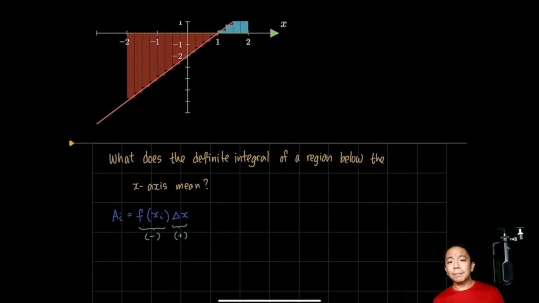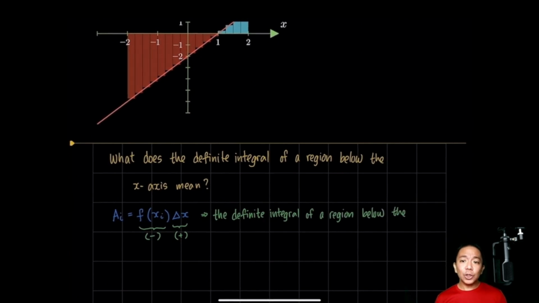So f of x sub i will be negative. So yung area na yan, a sub i, will be negative. So when we say the definite integral sa isang region below the x-axis, it is negative. Even though we don't have a concept of negative area, that value itself, while it is based on area, will be negative. The definite integral will be negative.